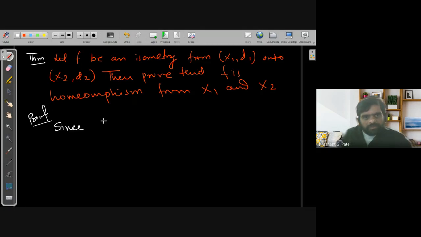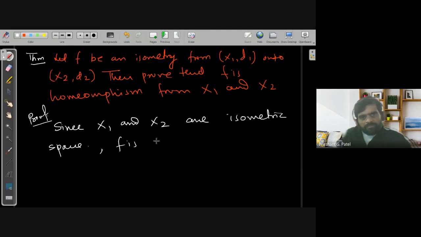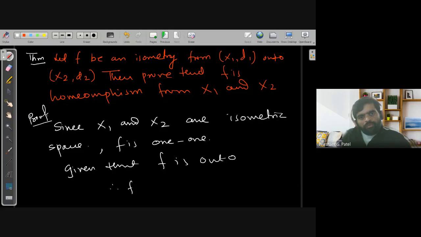Since x1 and x2 are isometric metric spaces, f is one-one, and given that f is onto, therefore f inverse exists.